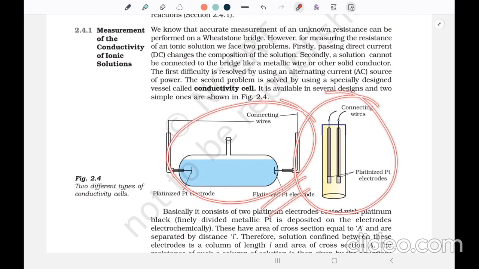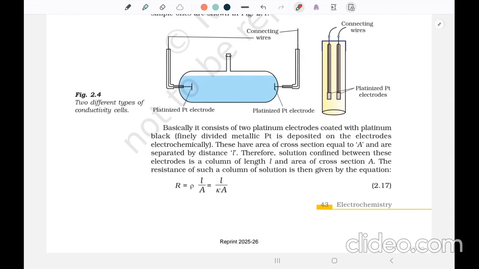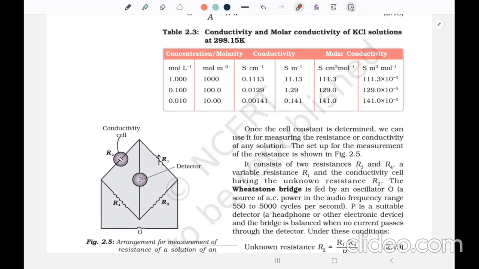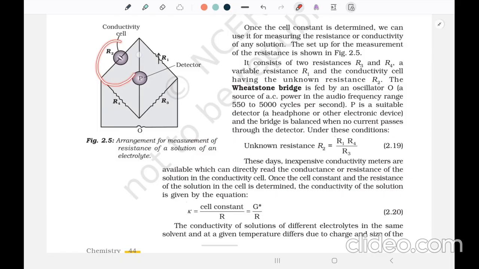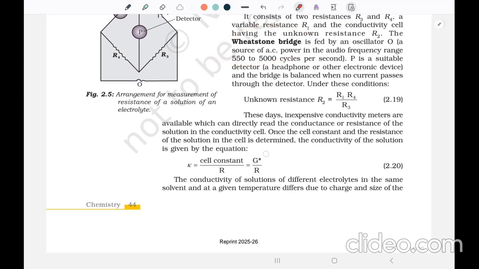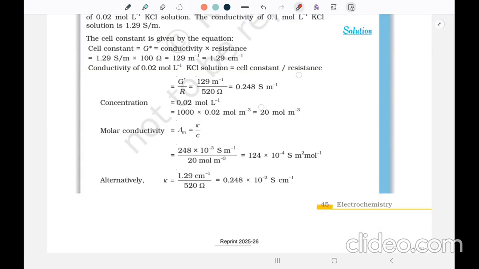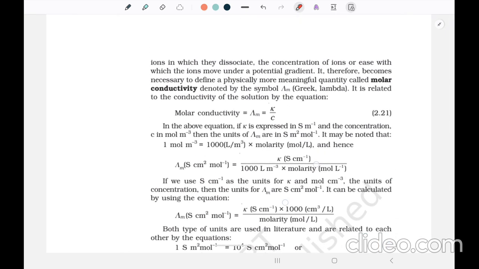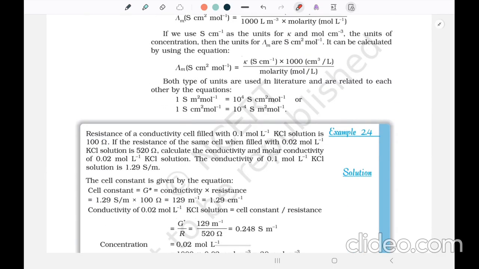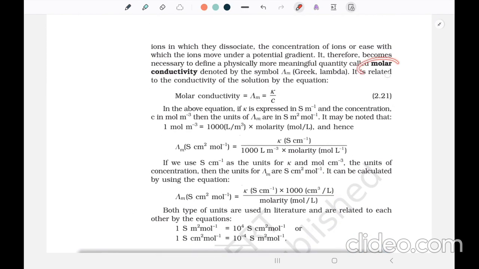This is another kind of conductivity cell, and we have studied how to find the unknown resistance with the help of the Wheatstone bridge, and we know that this is represented as the cell constant. Some questions are provided for you, and the next part will start with the molar conductivity.